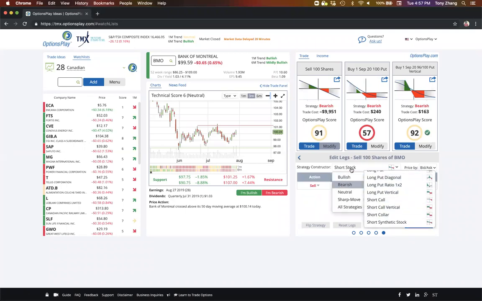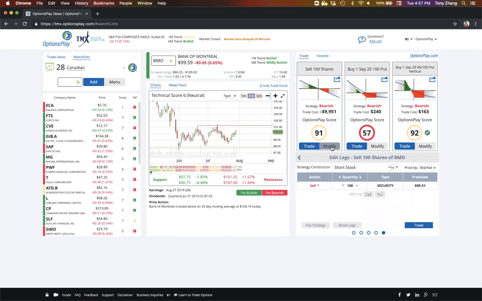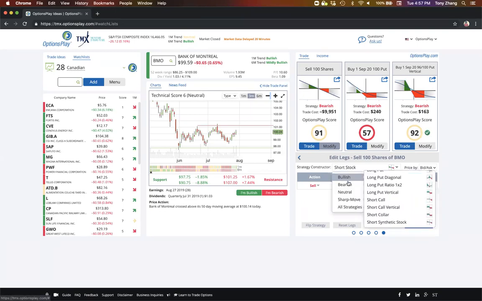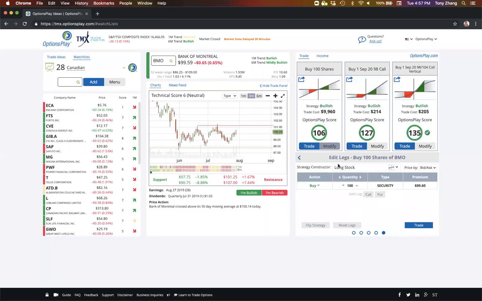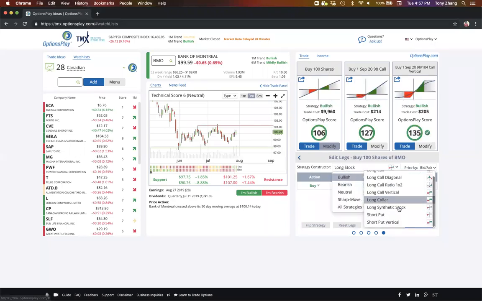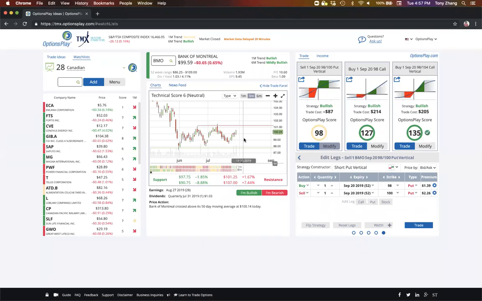And you can use the modify button on any strategy to use the strategy constructor and construct a short call vertical here and sell that call vertical. That allows you to take advantage as long as the stock doesn't move any higher. Or when the stock is lower near that 98 level, maybe consider selling that put credit spread, so that you can take advantage as long as the stock doesn't go below a level such as, let's say, 98.